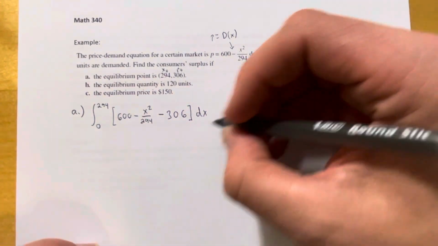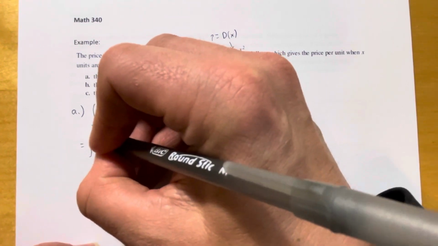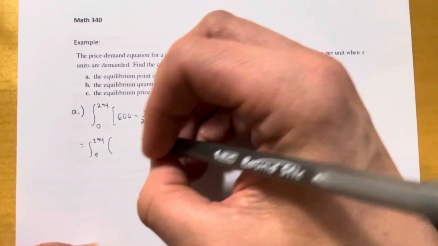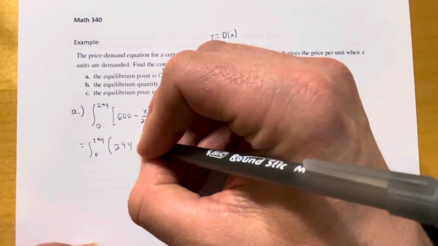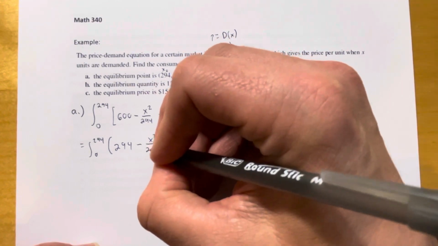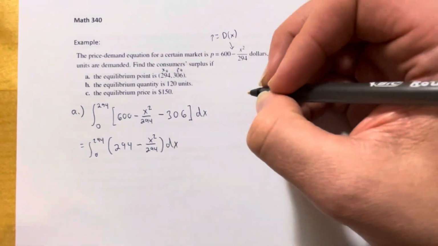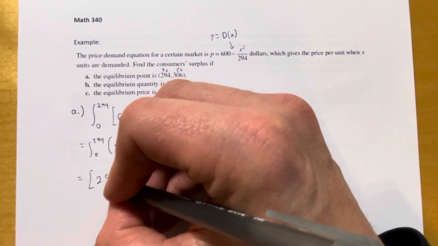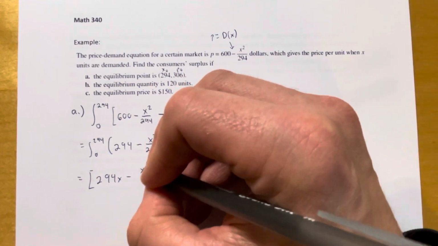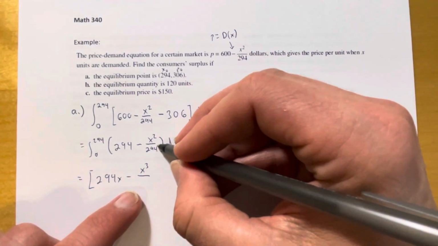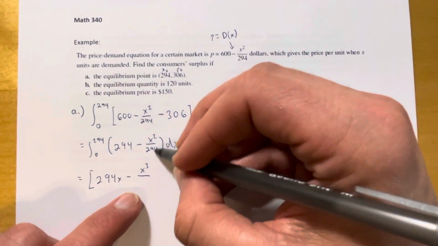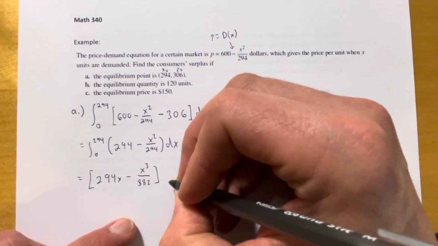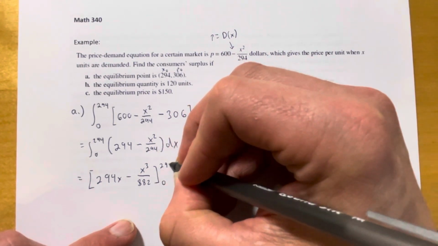Combine the constants, so this is going to give me the integral from 0 to 294 of 600 minus 306, which is just equal to 294, minus x squared over 294. Okay. Integrate this. This is going to become 294x minus x cubed. Remember, I'm multiplying this by 1/3, which is like multiplying that 294 down there by a 3. That's 882. And we evaluate from 0 to 294.